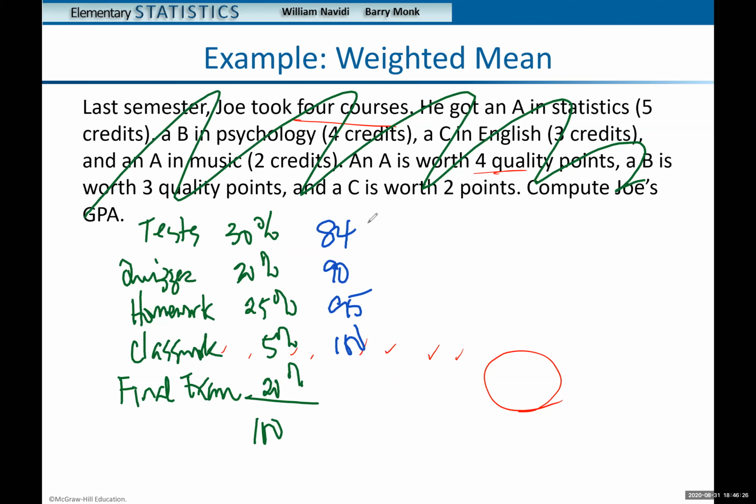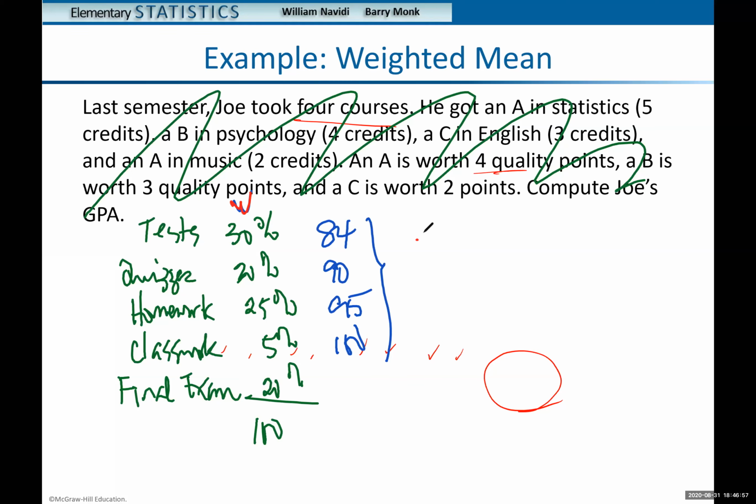So how does Canvas compute your grade without the final exam? You can do this every time we finish a test or a quiz. So let's say this is test one, this is quiz one, and this is the average of your 3 or 4 homeworks. Classwork, the average of all those. All you have to do here, these are the weights.